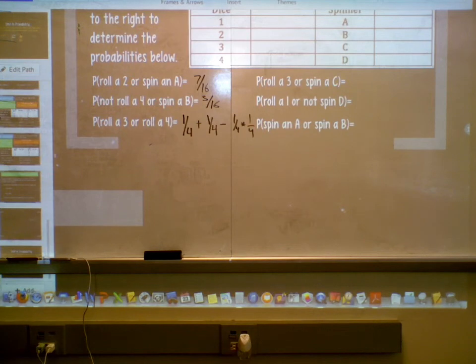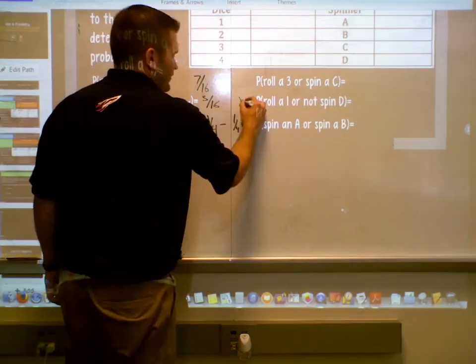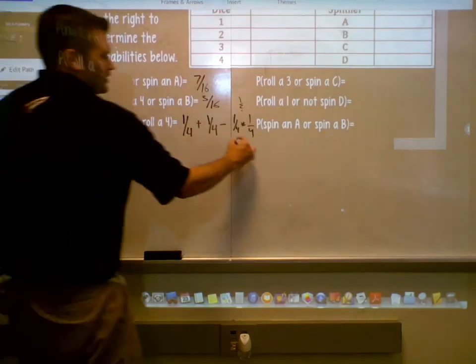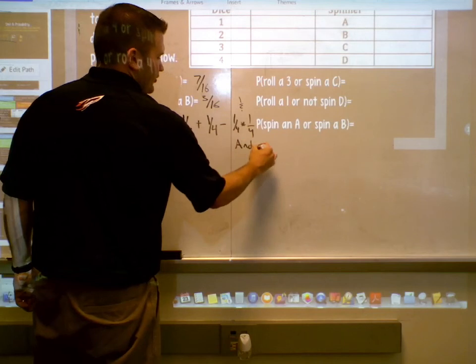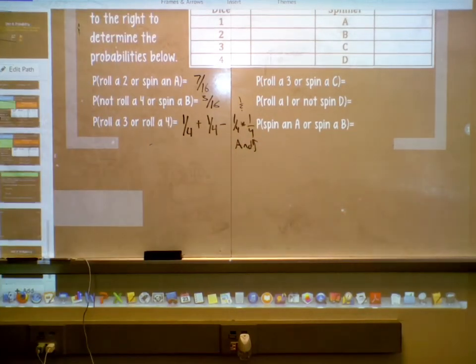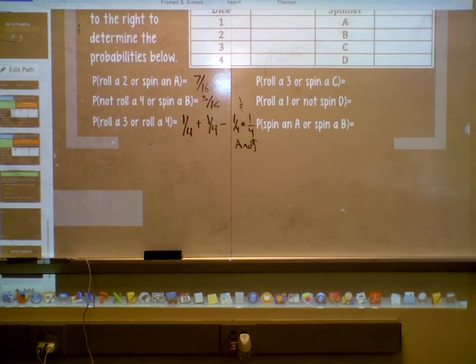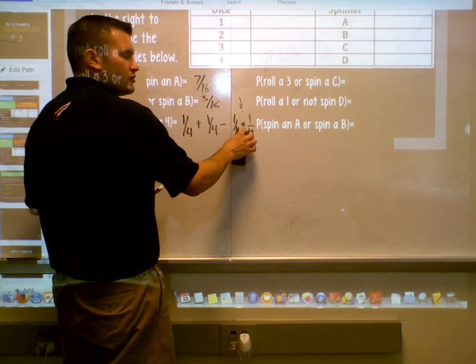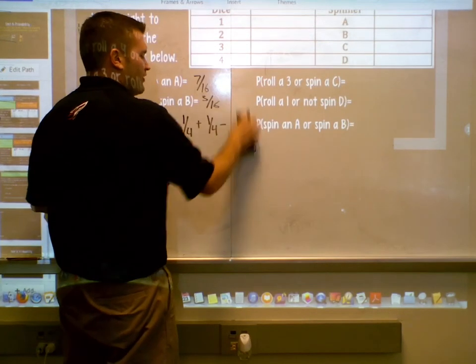No. This multiplication part, this is an and statement, isn't it? This right here is an and. This means 3 and 4. Can you ever have a 3 and a 4 on the same roll? No. So what's this probability right here? 0. You cannot have a 3 and a 4.